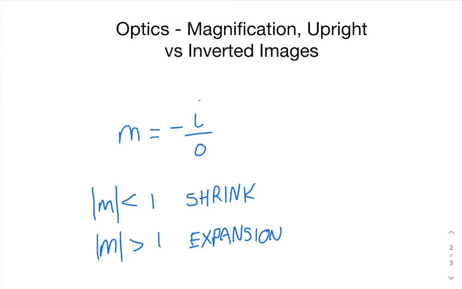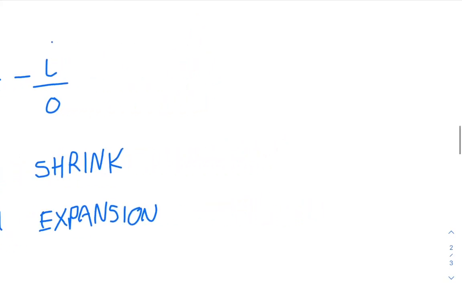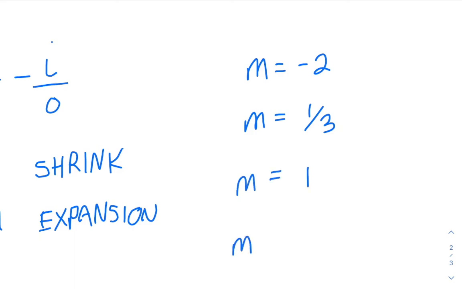Now let's see if we can incorporate the negative and understand how that impacts the meaning behind this equation. So if we look at negative I over O, let's talk about what that would mean for whatever our final value is. So for your final value for magnification, if magnification equals negative 2, or if magnification equals positive 1/3, or if magnification equals a positive 1, or if magnification equals a negative 2/5.